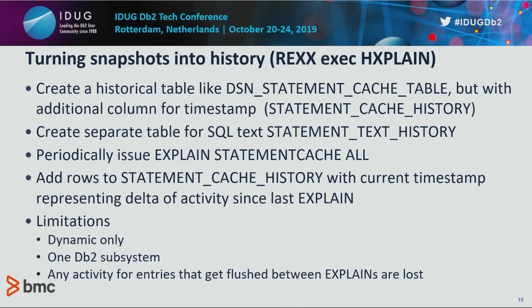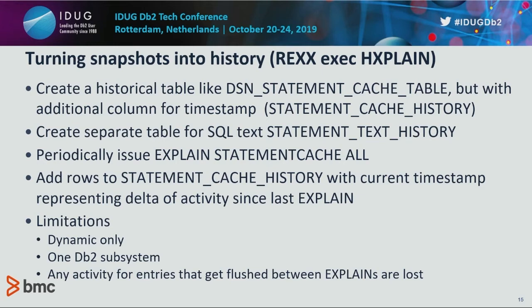When you work with Rex, you've got a structure defined for what the SQL descriptor looks like, and it was very easy to step through the columns in that descriptor for any numeric column just to do the math to determine what happened during that period, and then push that out as my result in the historical cache table.